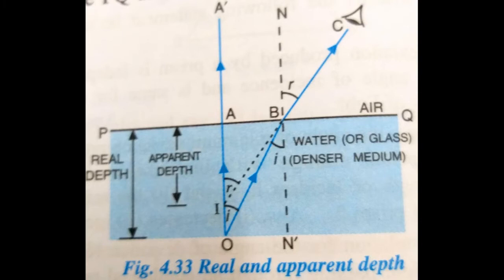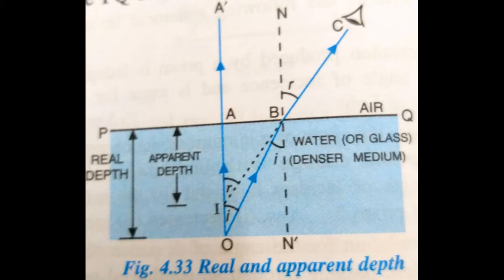We can see the diagram which is explaining the real depth and the apparent depth. We are keeping an object inside a denser medium, which is water or glass, and we are watching it from air, which is optically rarer, and you can see how the path of light is traveling. Remember, we always draw our path of light where the angle of incidence is 0, which you can see for the ray passing from A dash.